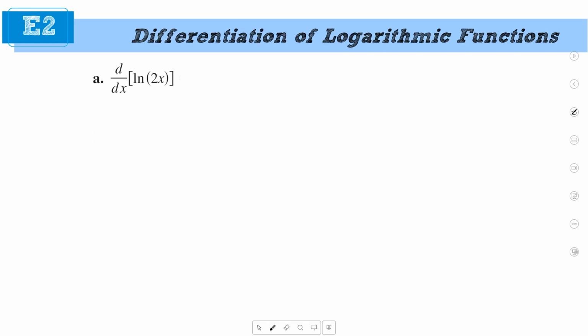Lucy, you're starting. What is the derivative of the natural log of 2x? What's u prime?